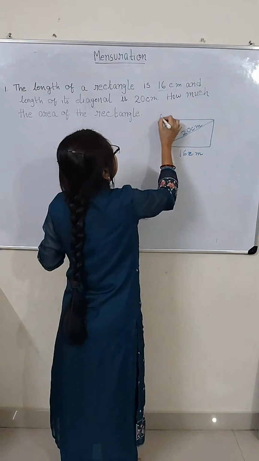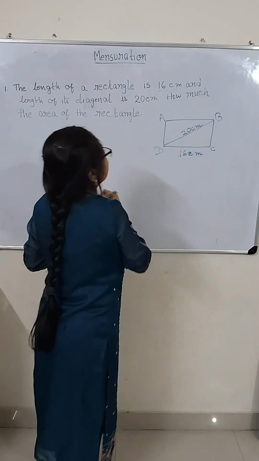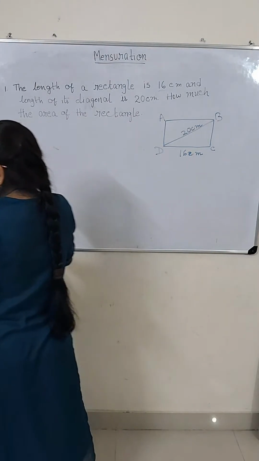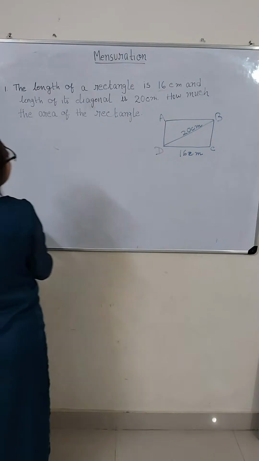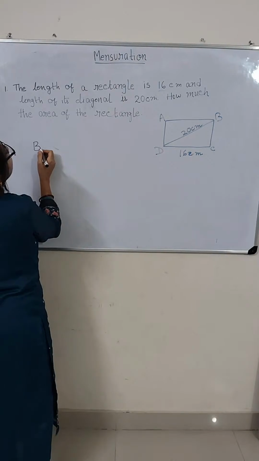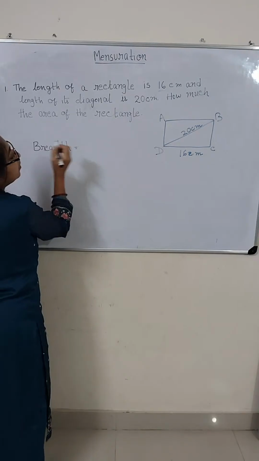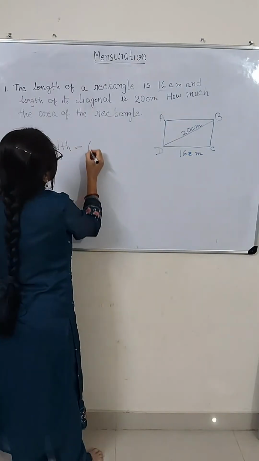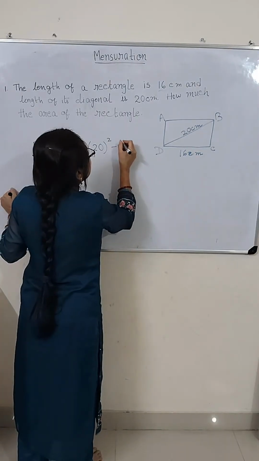So I write a name for easy. Breadth is this square minus this square. So I write 20 whole square minus 16 whole square.